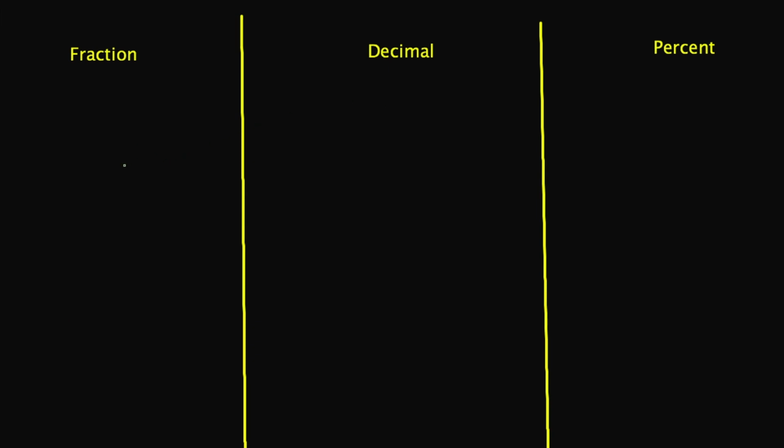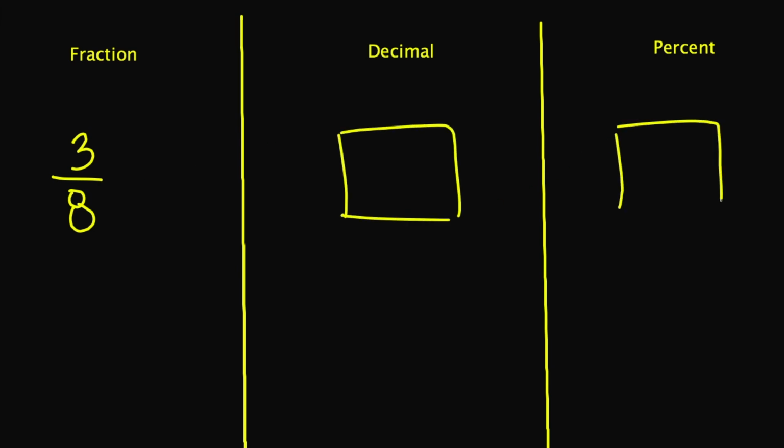Let's look at one more example. So let's say we have the fraction 3/8, and I needed to find my decimal and the percentage. So we can do long division here. 8 is on the outside, 3 is on the inside. 8 does not go into 3, so I'm going to add my decimal and 0. What about 8 goes into 30? 8 goes into 30 3 times. 8 times 3 is 24. 30 minus 24 is going to equal 6.